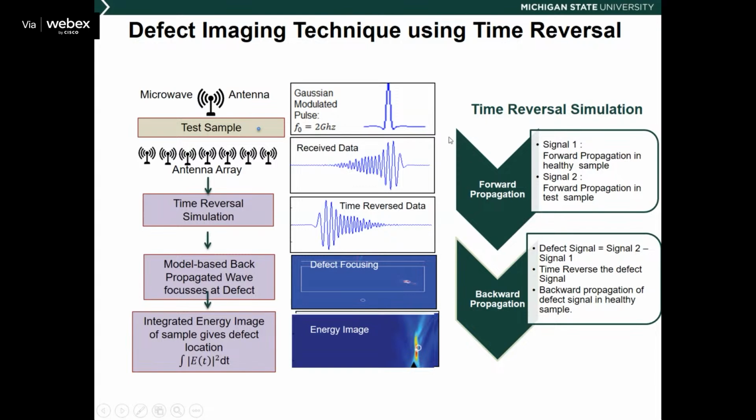So this shows you the first model-based approach, where you can do the forward simulation for the wave propagating in the material, interacting with the defect, and also the time reversal data inversion, where you can reconstruct the damage location.